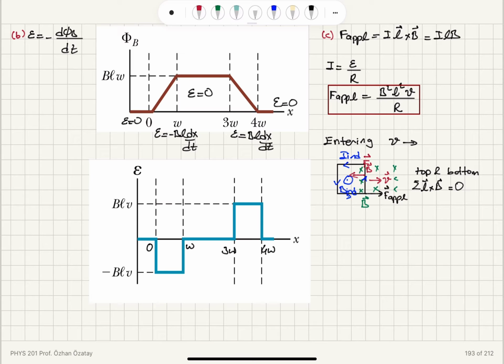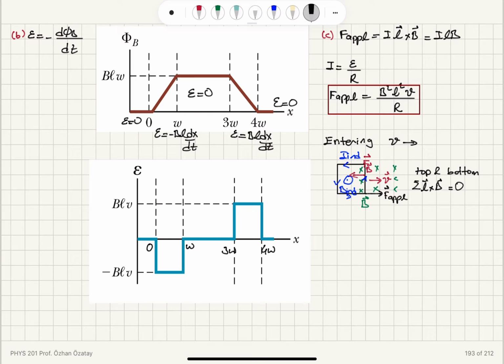Top and bottom, the magnetic forces will cancel each other for the portions that are inside the magnetic field, and therefore this contribution will come from the right side, which will be a magnetic force pointing to the left, requiring an applied force to the right to keep V constant.